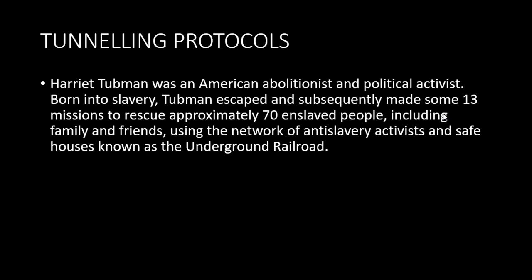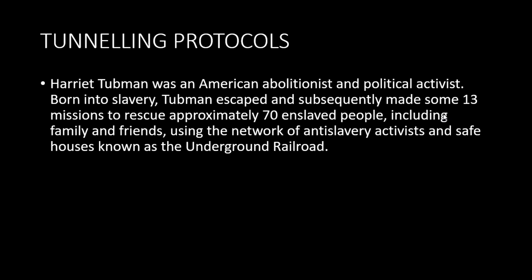Born into slavery, she escaped and subsequently made some 13 missions to rescue approximately 70 enslaved people, including her family and friends, using the network of anti-slavery activists and safe houses known as the Underground Railroad.